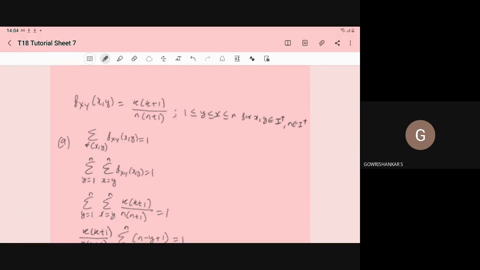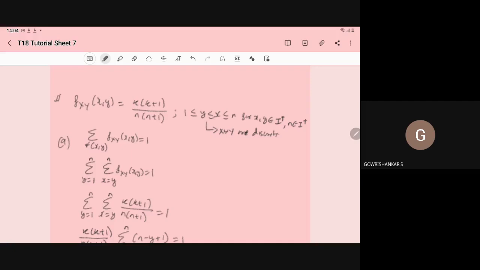So it is given to you that the joint PDF f_XY(x, y) is equal to k times k plus 1 upon n times n plus 1 for the interval 1 less than or equal to y less than or equal to x less than or equal to n, where x and y are integers and n is a positive integer. Since x and y are positive integers, this information implies that x and y are discrete.